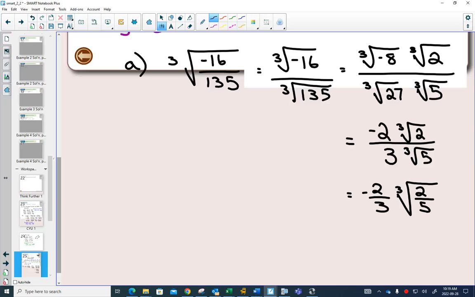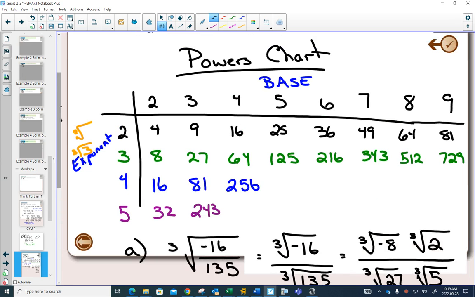Because later on, we're going to learn that in mathematics, we do not leave any radicals in the denominator at the bottom of the fraction. And we have to learn a way to get rid of them out of the bottom of the fraction. But for right now, it's perfectly fine. So when you're dealing with cube roots, you're going to have your powers chart in your head to check.